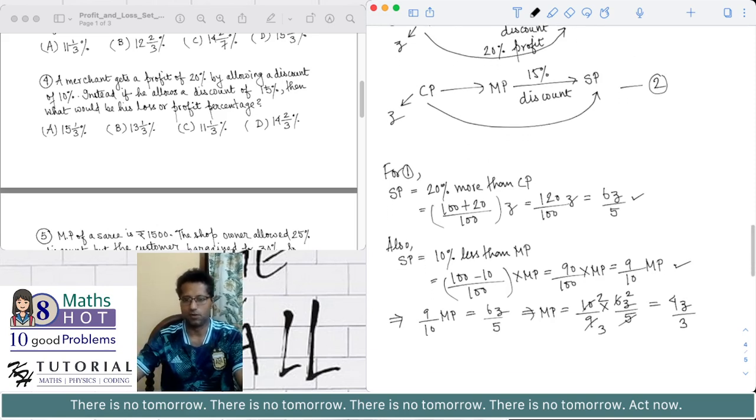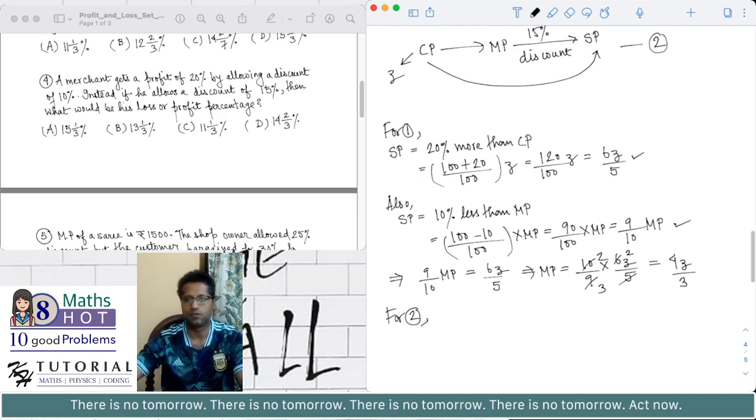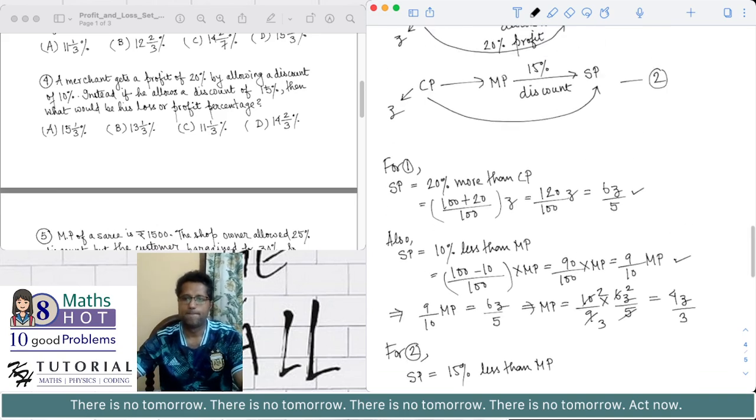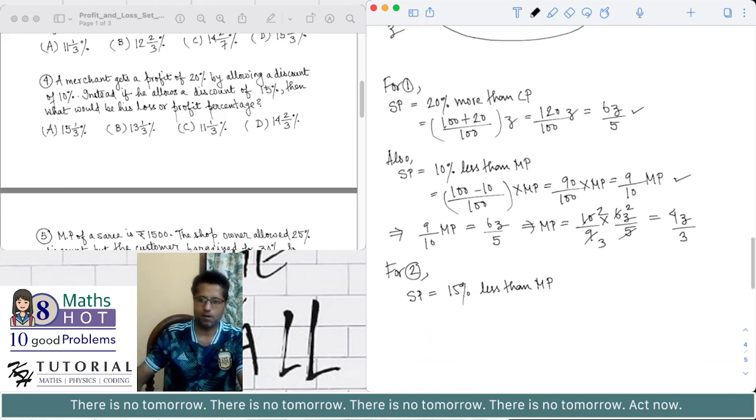Now consider the scenario 2. Since we can find SP, since in scenario 2 there is a discount of 15%, we can say selling price is 15% less than mark price. Okay, this is equal to 100 minus 15 divided by 100 multiplied by mark price.